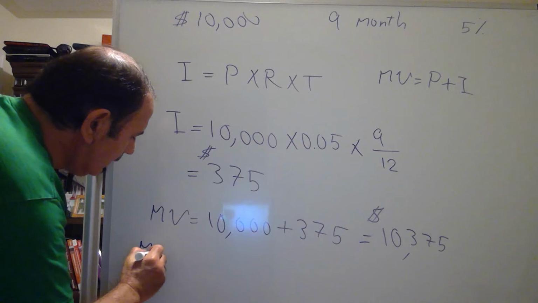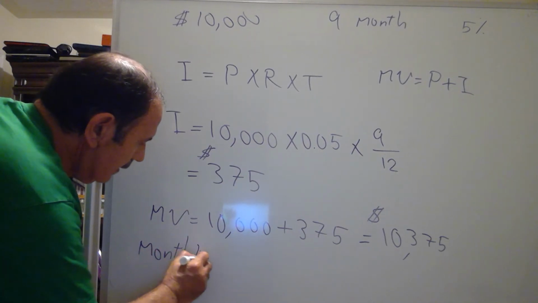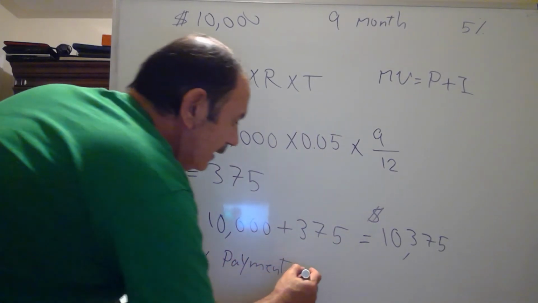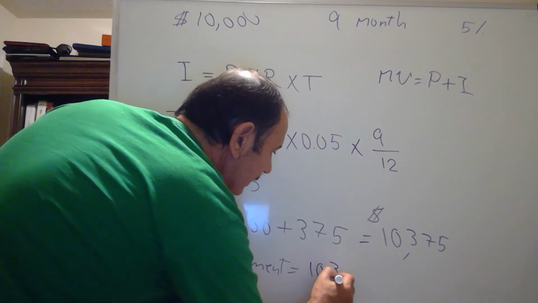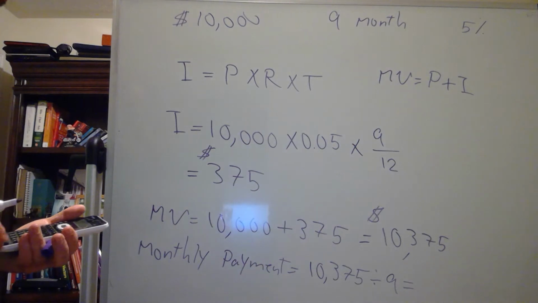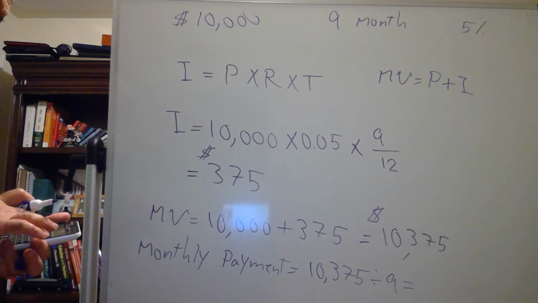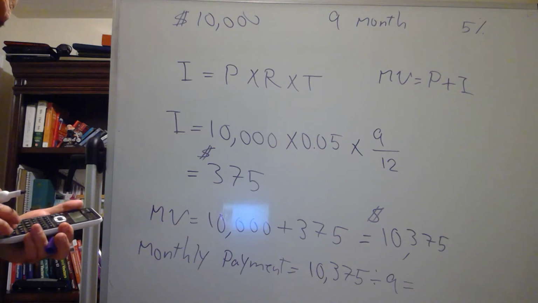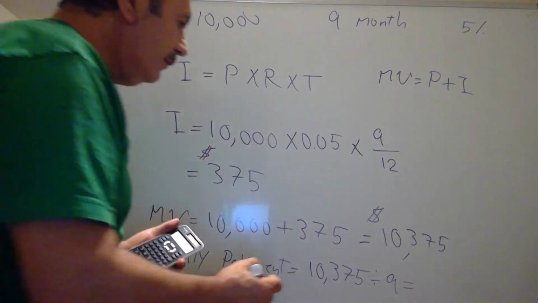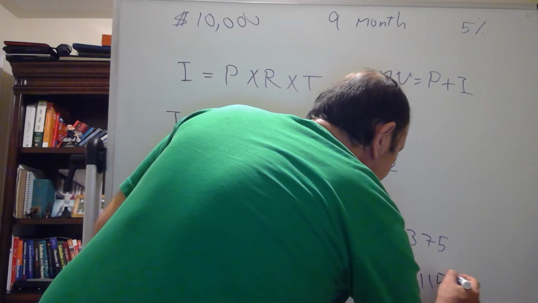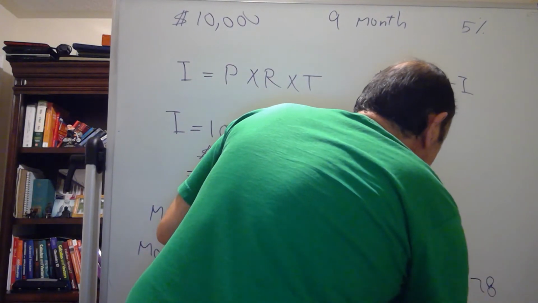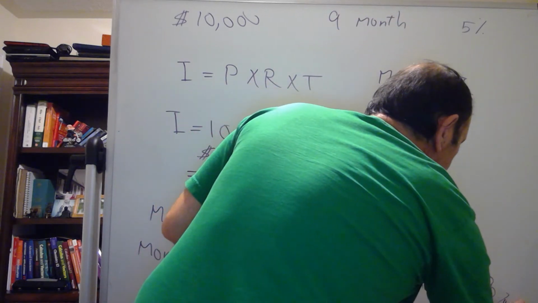If I want to calculate the monthly payment, the monthly payment is going to be 10,375 divided by 9, which is going to be 1,152 and 78 cents, per month.